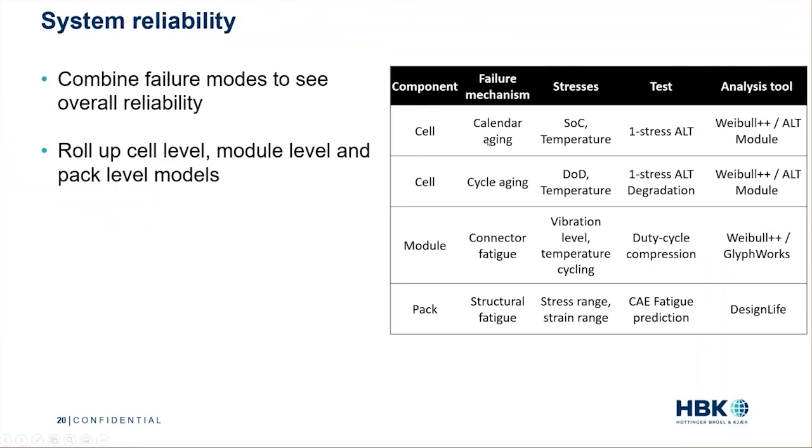So we've got 2 failure modes at the cell level, calendar aging and cycle aging, a failure mode at the module level, where the connectors are susceptible to fatigue, and a failure mode at the pack level, where we've got structural fatigue, perhaps. So we can characterize each of these with those reliability tools that we've just learned about, and we can combine them. We can roll up the cell level to the module level to the pack level in what's called a reliability block diagram.